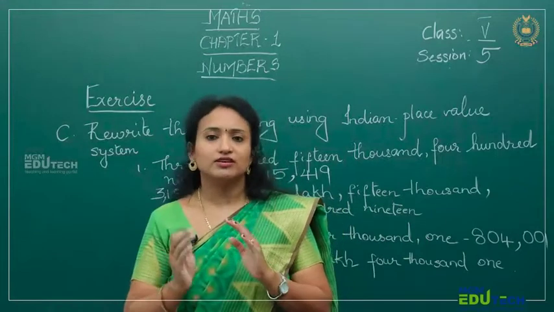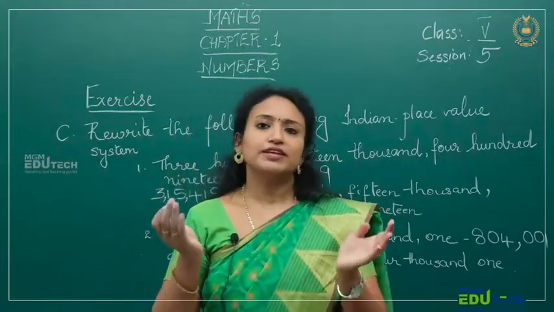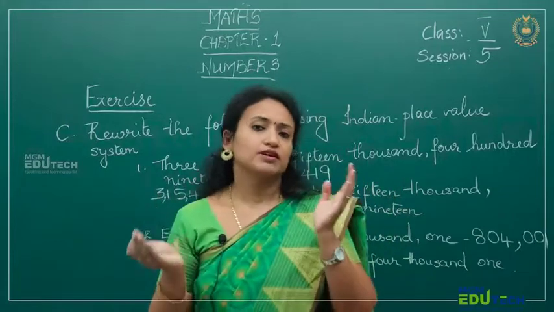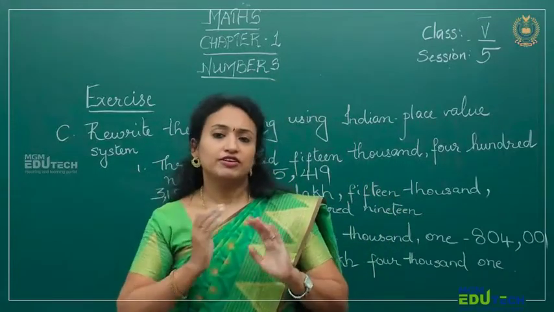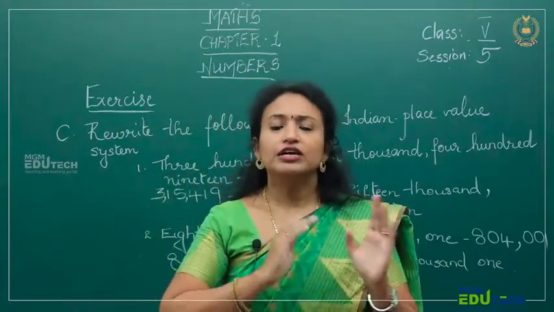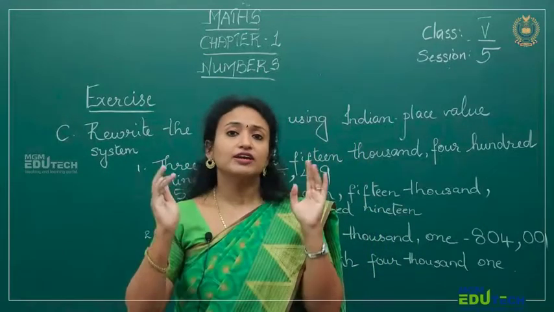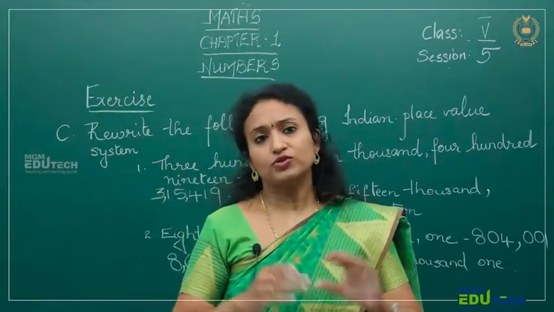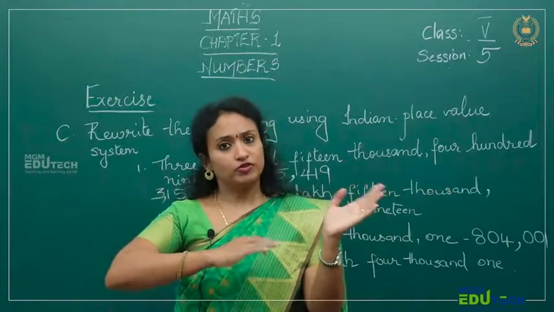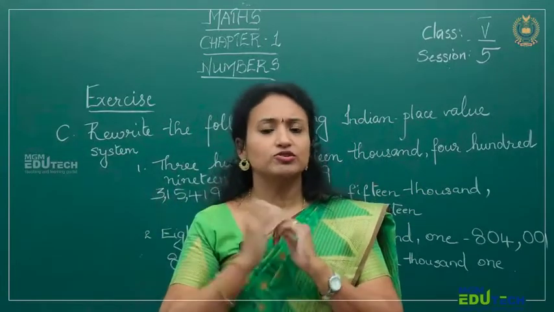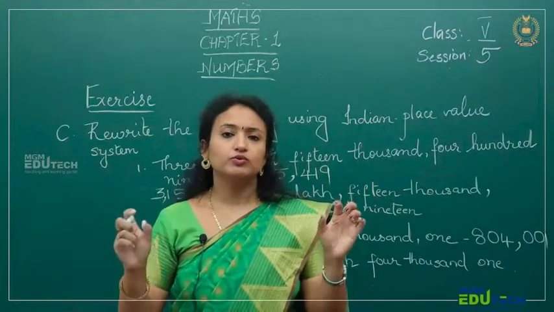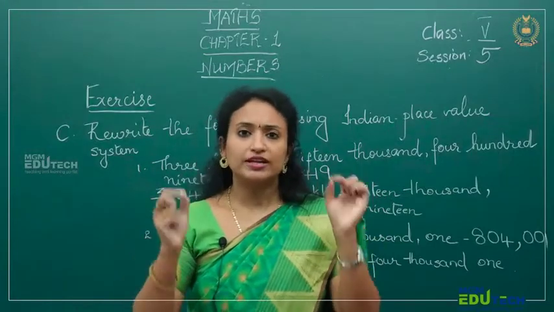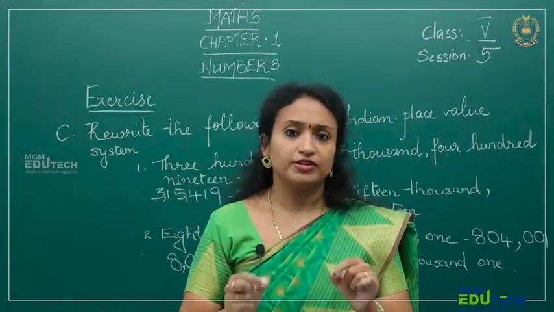Now when you are doing the sums, always compare and study so that both things come to your mind very soon. Okay, don't confuse yourself. Learn the place value. The chart has to be very clear in your mind. So you have to be very careful when you rewrite. Just like I told you, if a number is given to you in words, first read the number carefully, write it in figures.